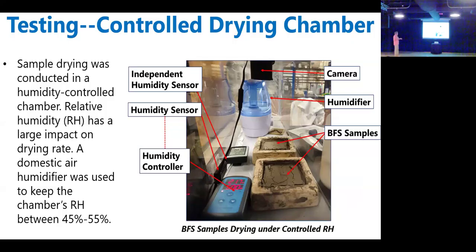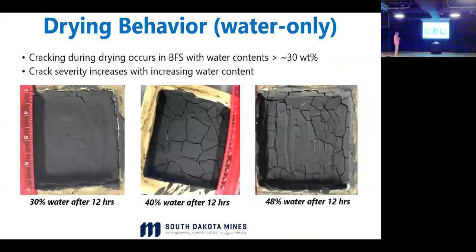And this was kind of the setup. You can see it's an enclosed chamber. Here's our sample. And then we control the humidity over a 12-hour time. And we kept the relative humidity between 45 and 55%, just to keep a constant relative humidity in our drying chamber.